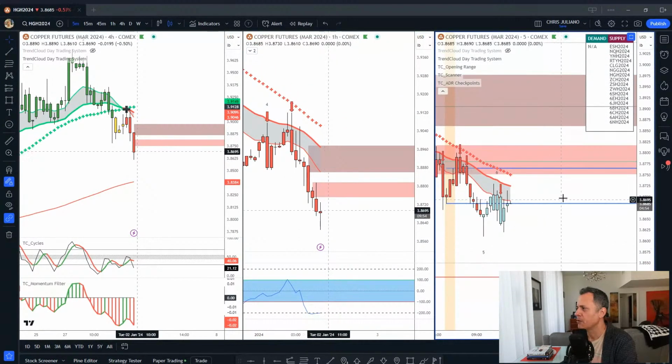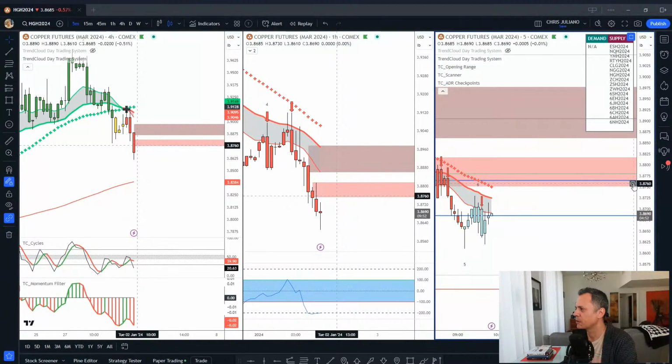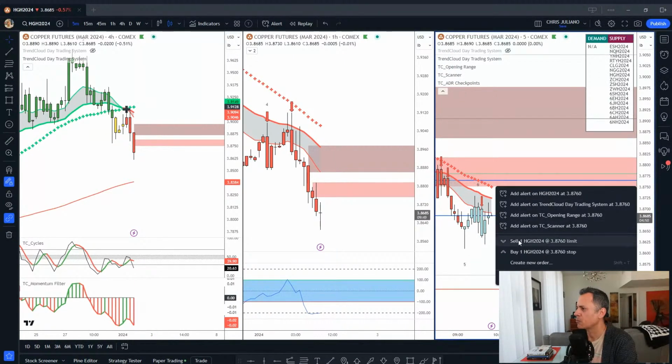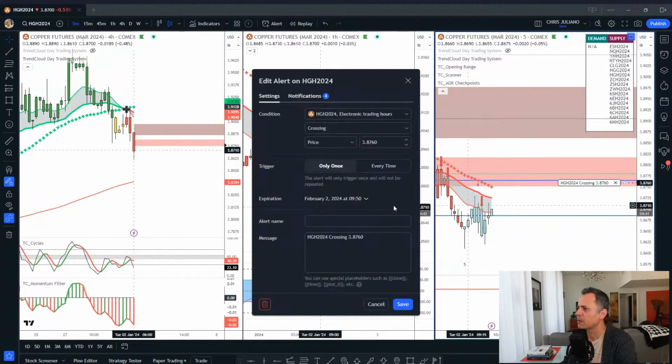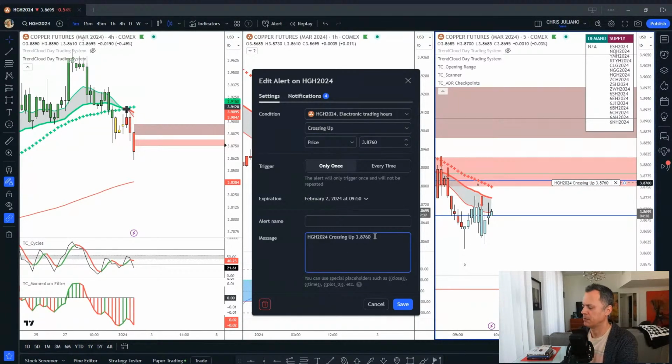Okay, so why don't we set an alert right here and take a look. We'll set an alert there and we'll say crossing up supply zone.